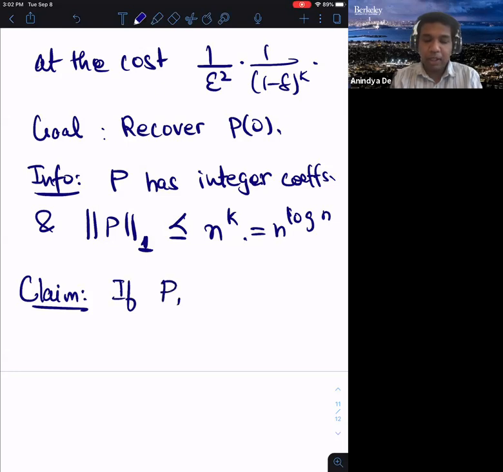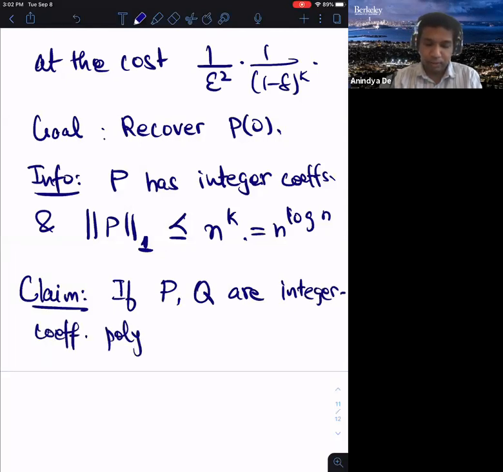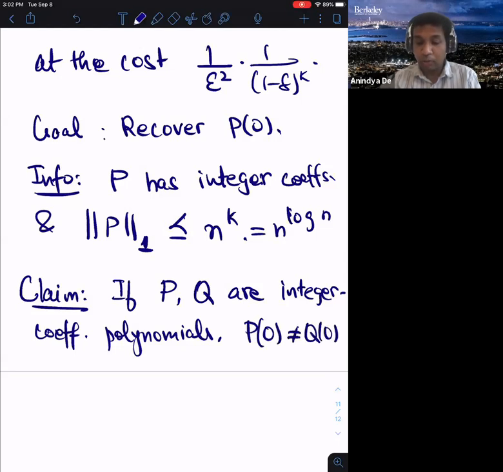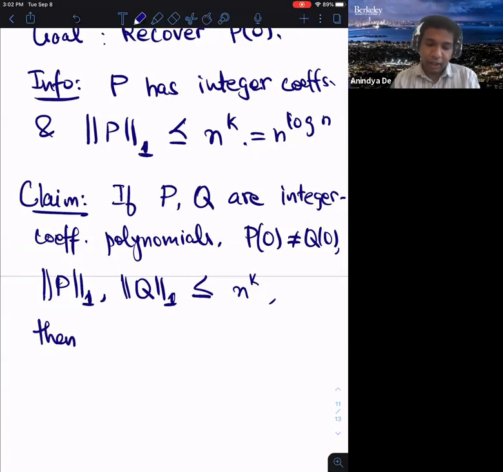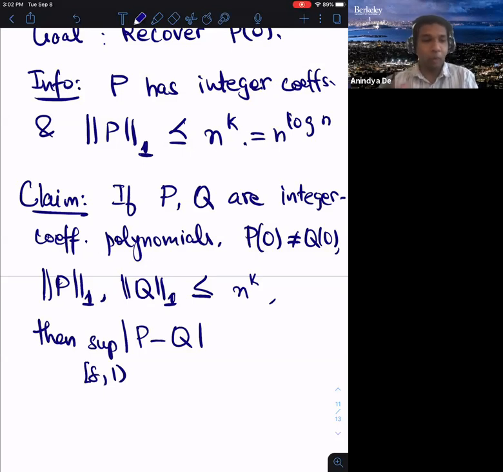If P and Q are integer coefficient polynomials, P0 is not equal to Q0, meaning the constant coefficients are different, and the L1 norms of P and Q are both bounded by n to the K, then P minus Q in the interval from delta to 1 must, at some point, differ by at least n to the minus K over 1 minus delta.